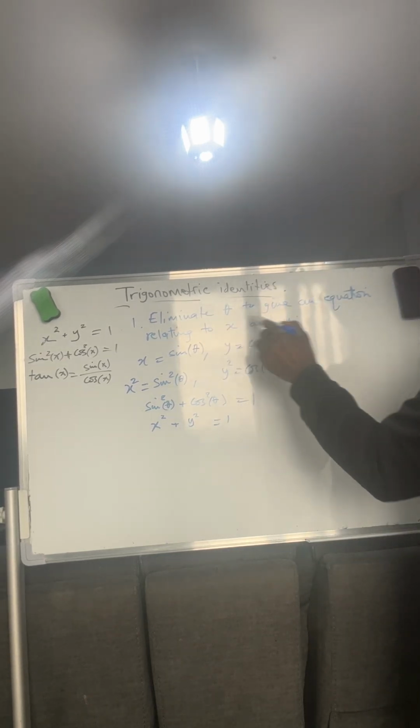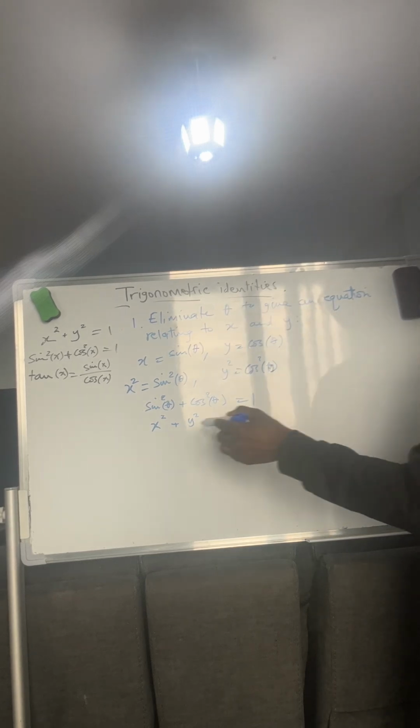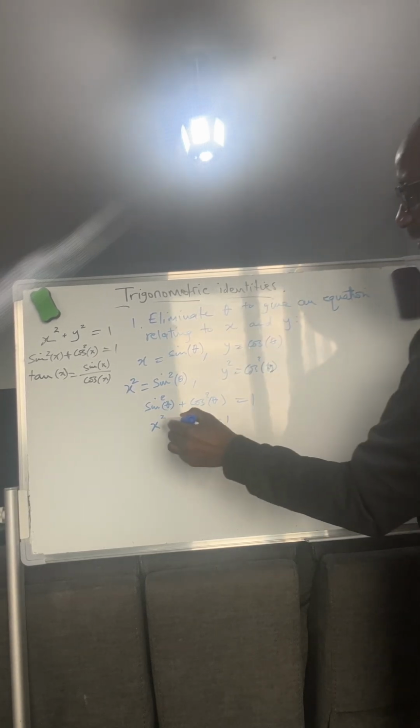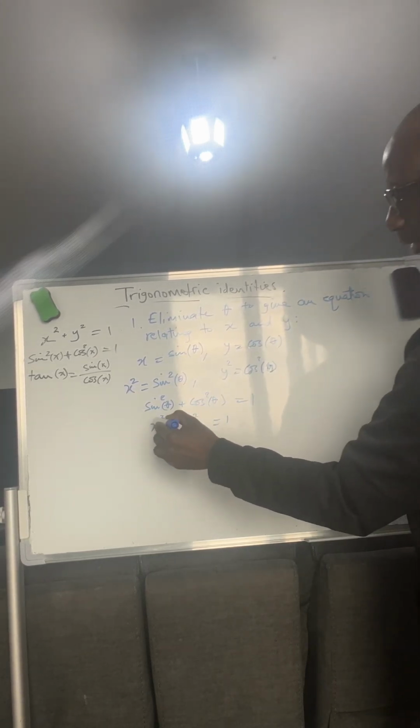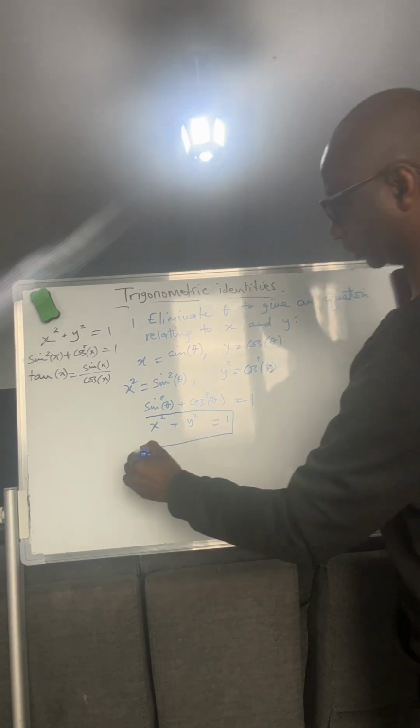So we have now transformed this relationship, eliminating theta, to only x and y. So this is what they want us to give.